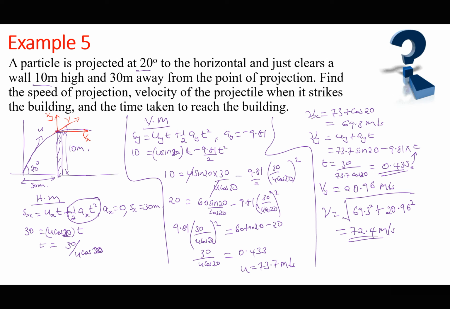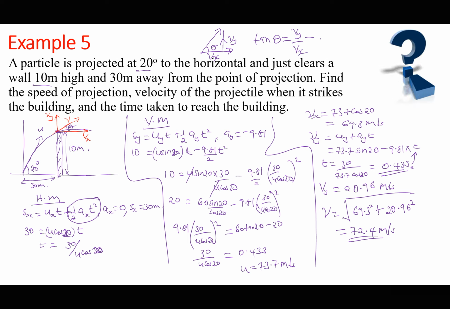Of course, here we can use tan. If you want the angle with the horizontal, that would be tan. So if you look at the horizontal velocity and the resultant, and then the vertical. So this vertical is Vy, the horizontal is Vx, and this is the angle theta. So opposite over adjacent, that is tan. So tan theta would be equal to the opposite, which is Vy, divided by the adjacent, which is Vx.